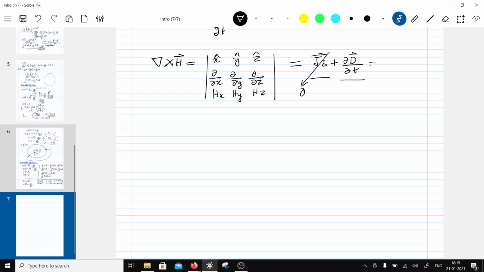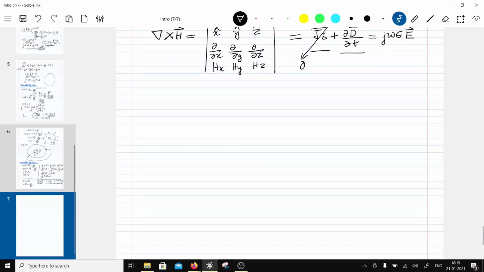And let's say if I consider a sinusoidal function, then everything can be expressed as e raised to j omega t, right? So then I will have a j omega because of the differential, and then D is equal to epsilon E, correct?